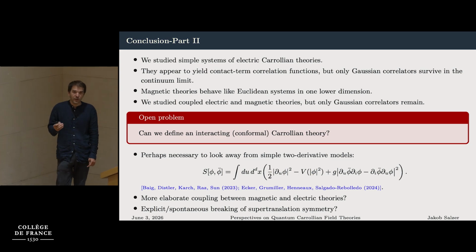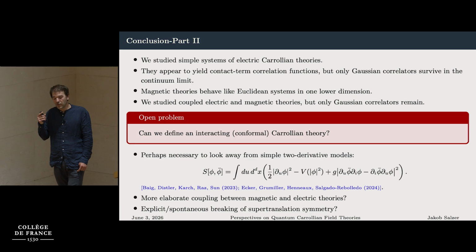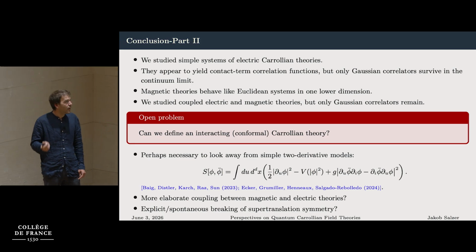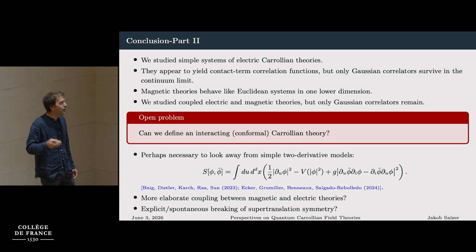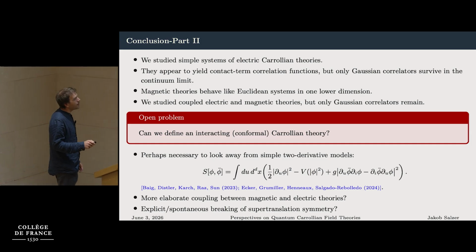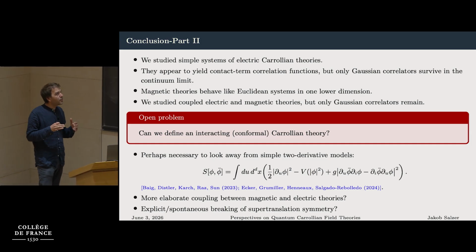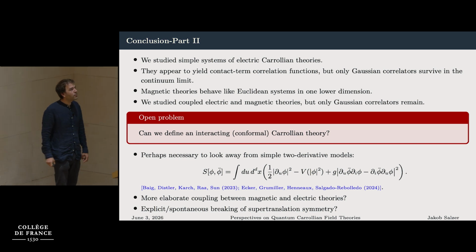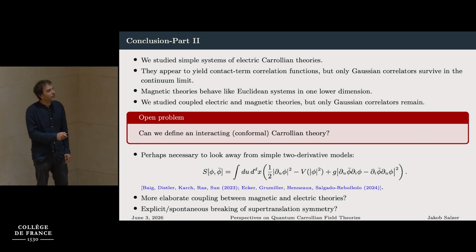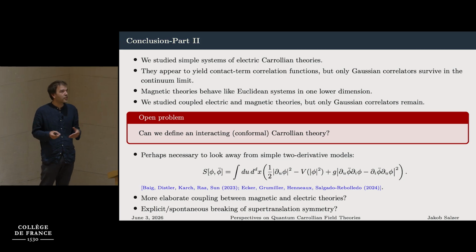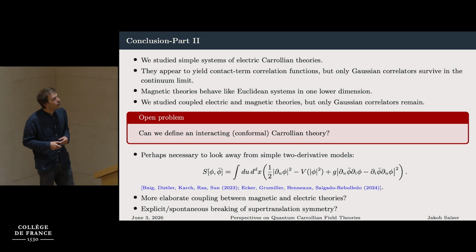Higher point functions are 0, but the 2-point functions get renormalized, get corrected at each order in perturbation theory. Then we had these magnetic theories, which seem to behave like Euclidean systems in one dimension lower. We studied coupled electric and magnetic theories, but again, only the Gaussian correlators remain. So I would say it's still an open problem.